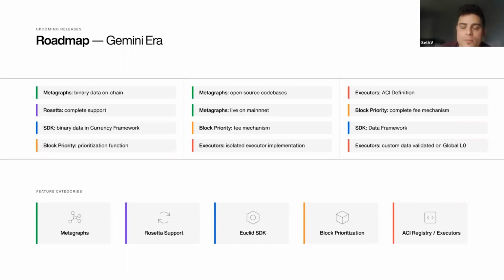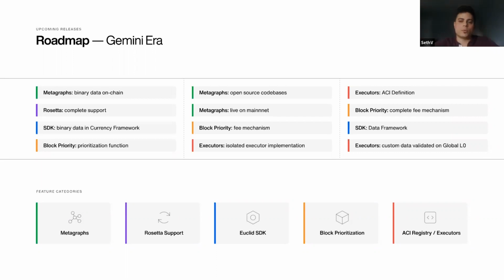This is just off the top of my head, so validate this example: would one example of the ACI be allowing different metagraphs to submit snapshots containing both currency snapshots or actual binary data snapshots?